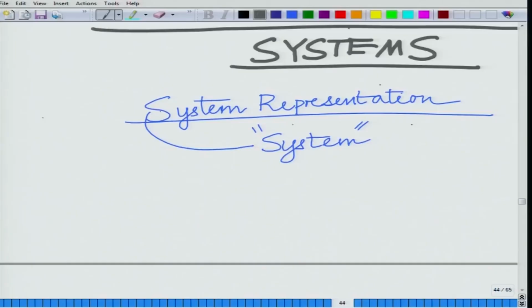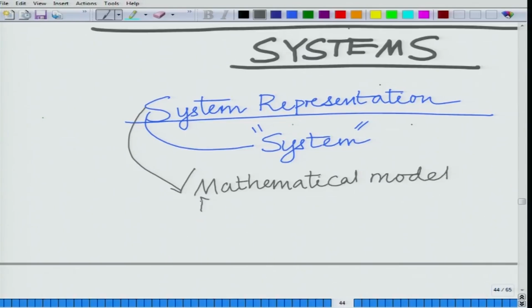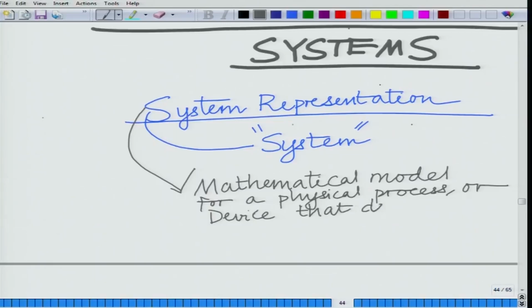So, a representation of a system is basically a precise mathematical model for a physical process or device, that describes the output signal for any given input signal.